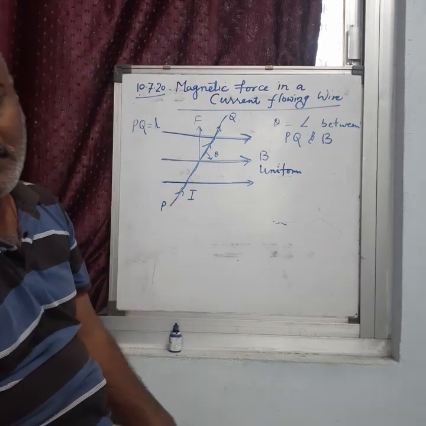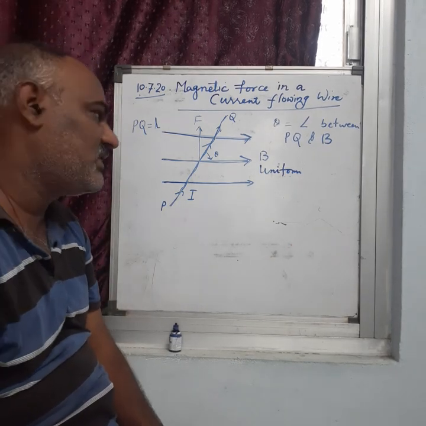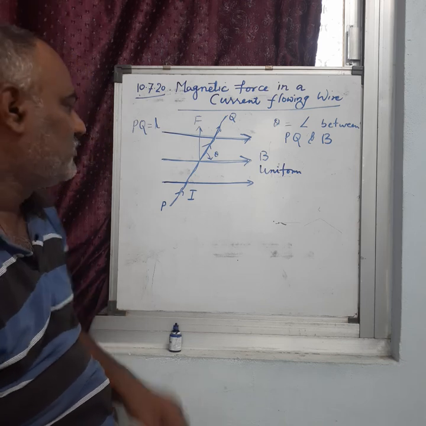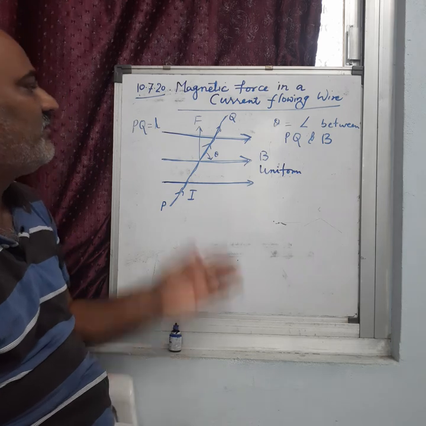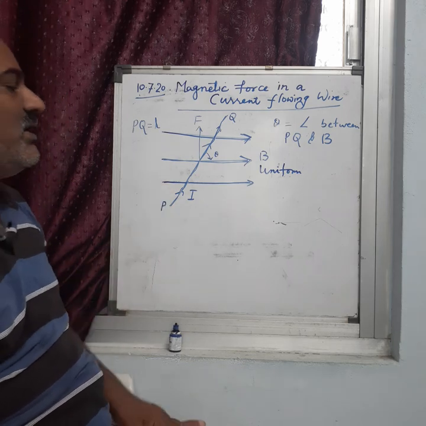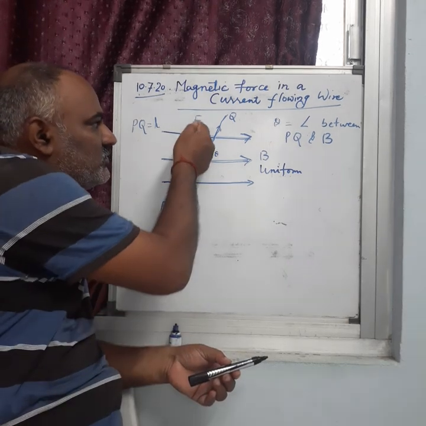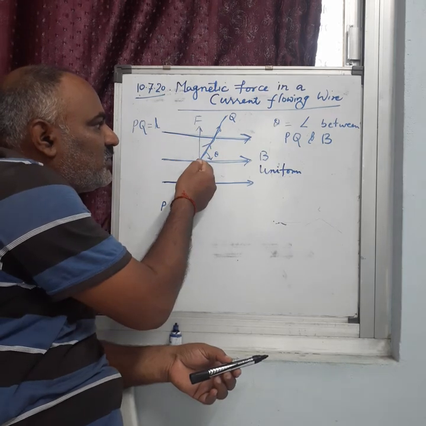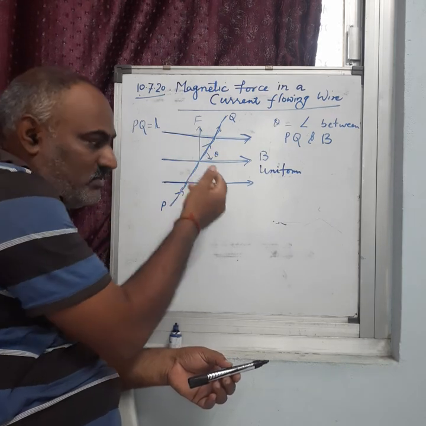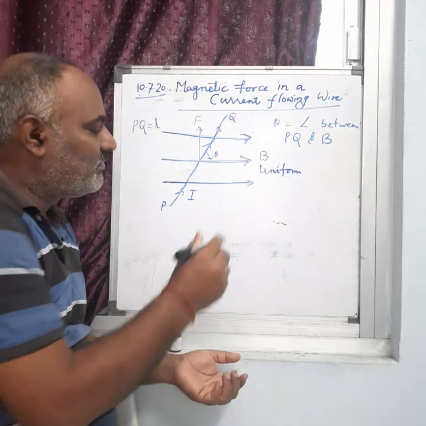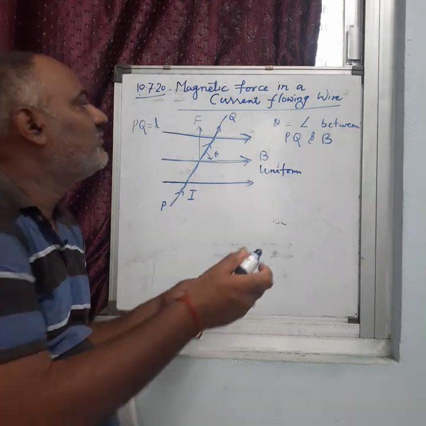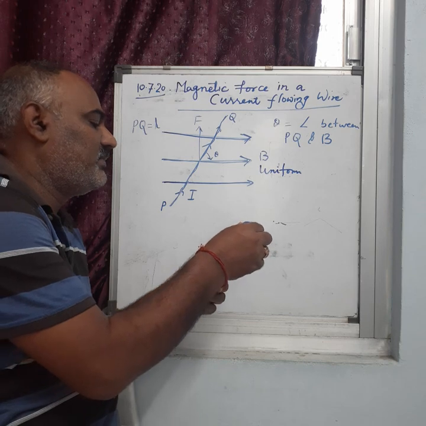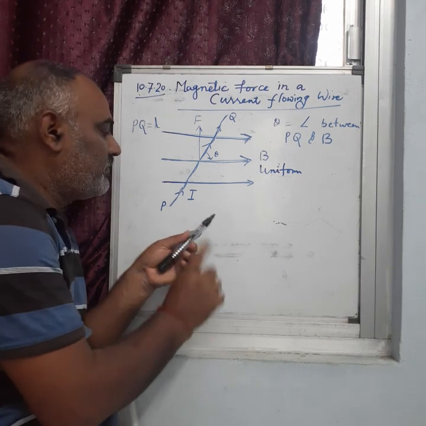But simple examples, the doorbell and your mixer, are based on magnetic force. So when current is given to them in a magnetic field, a force is produced. See, here this force is produced. This force is perpendicular to both. Later I will explain the direction, but first you see on what factors the force F depends.